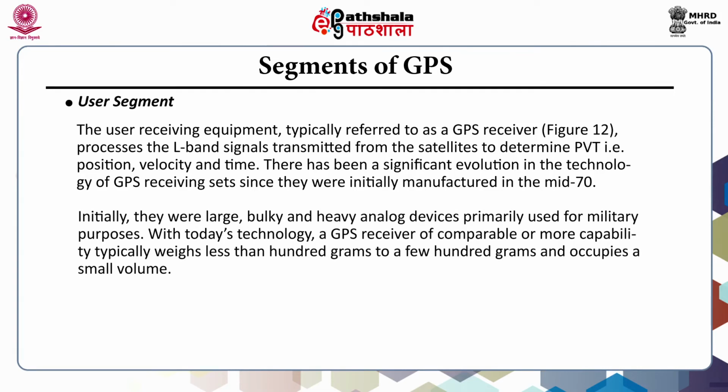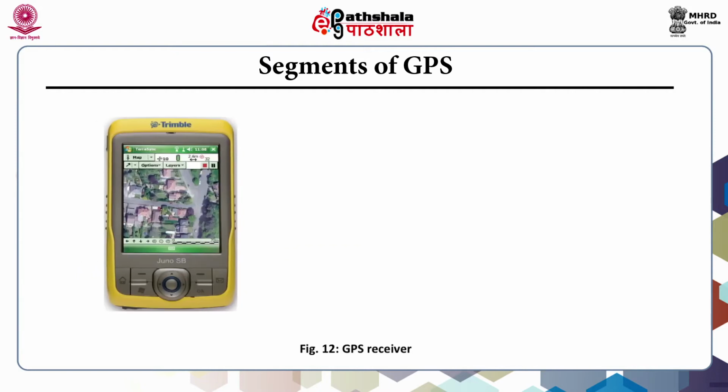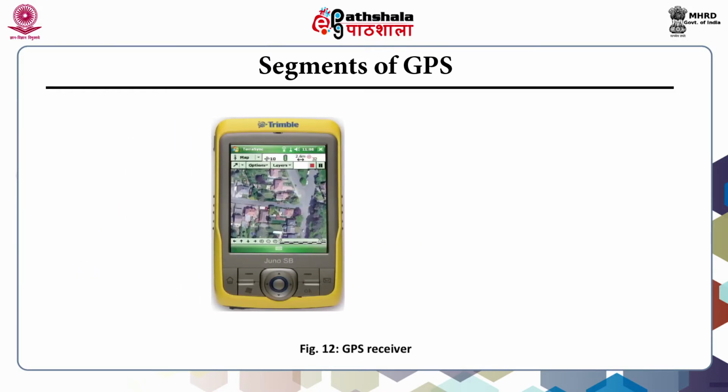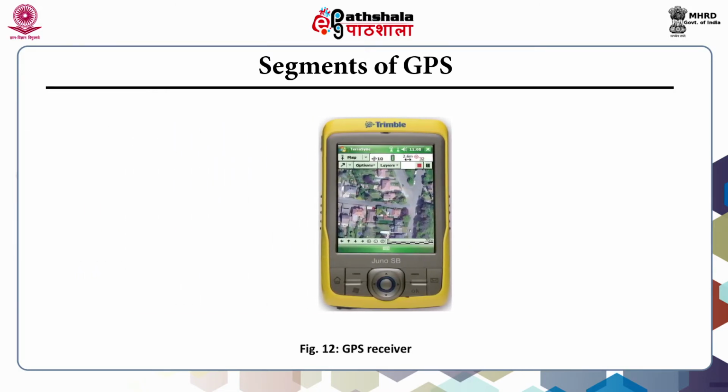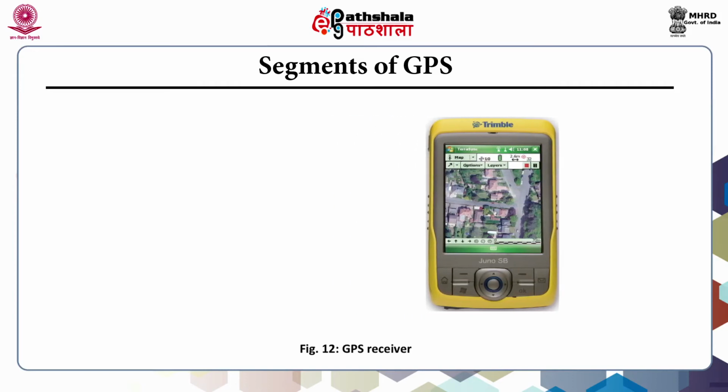Initially, they were large, bulky and heavy analog devices, primarily used for military purposes. With today's technology, a GPS receiver of comparable or more capability typically weighs less than 100 grams to a few hundred grams and occupies a small volume. As in slide 45, this figure shows the user segment, that is the GPS receiver.